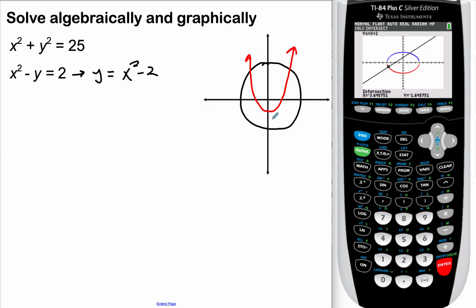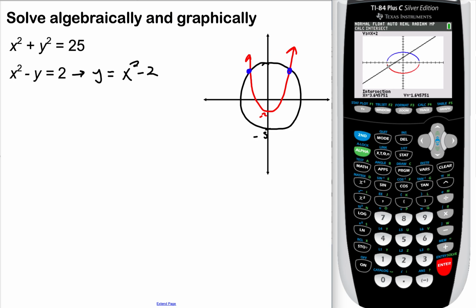I know it doesn't touch down here because this should be -2, whereas this should be -5. So there's not going to be touching there. But it looks like I might have 2 intersection points, here and here.